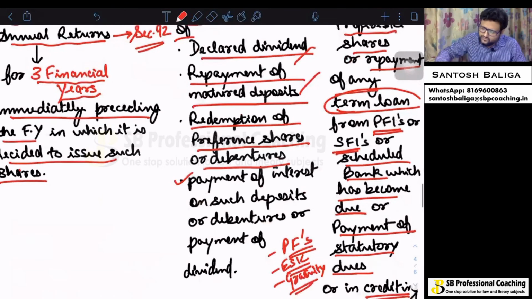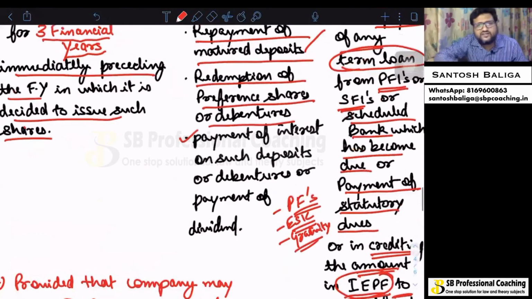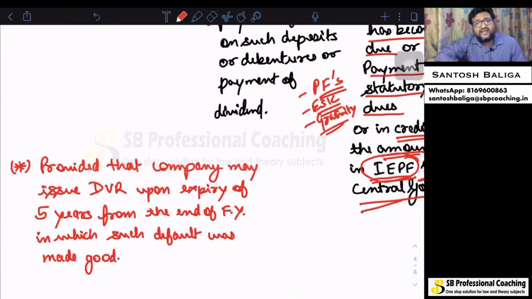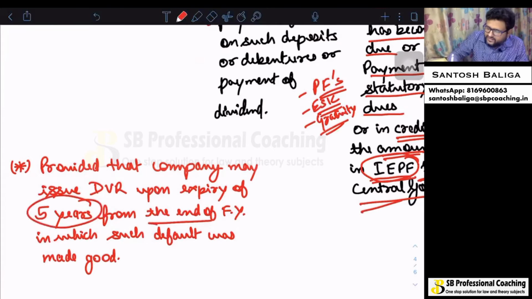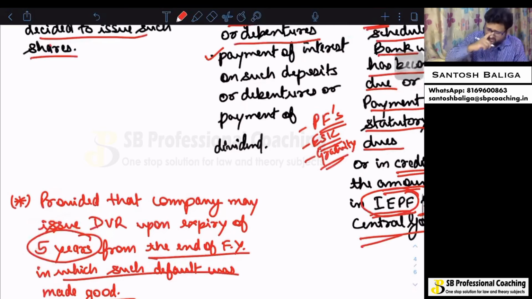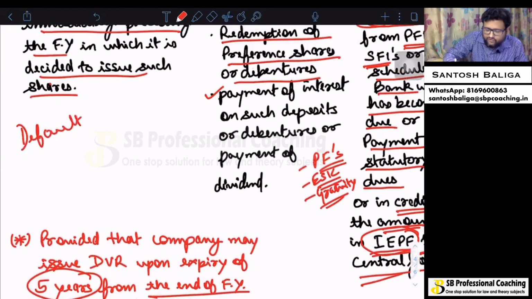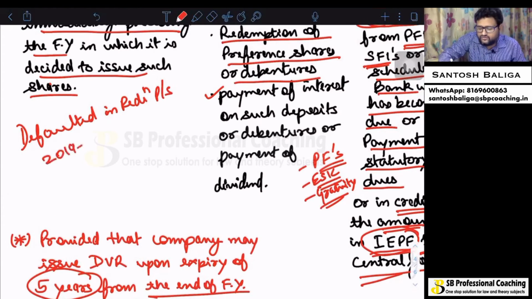Now, if the company has defaulted, then the company will be barred from making such an issue. But the time frame is 5 years from the time when such default was made good. Say the company has defaulted in redemption of preference shares, and this default has happened in 2019-20.